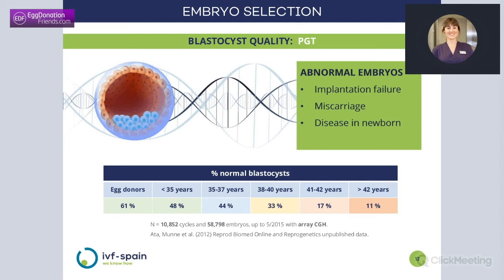So when you perform PGT and you make sure you only transfer the genetically normal embryos, you increase the implantation rate per transfer, and you save time up to pregnancy. One thing that is important to know is that the percentage of abnormal embryos is linked to maternal age. So the older you are, the more likely it is that a higher percentage of your embryos will be genetically abnormal. So especially in these cases, this technique would be recommended for you.